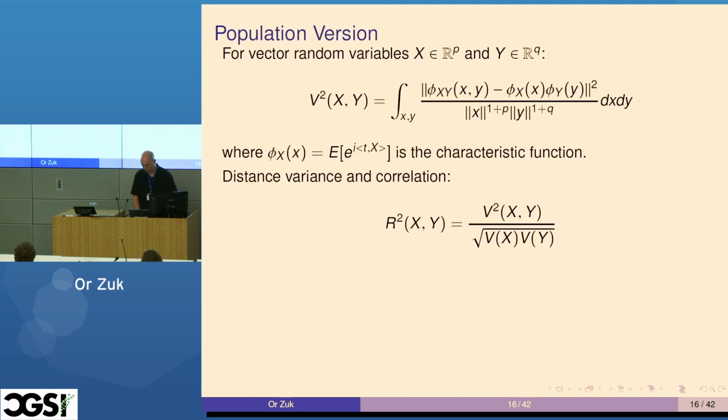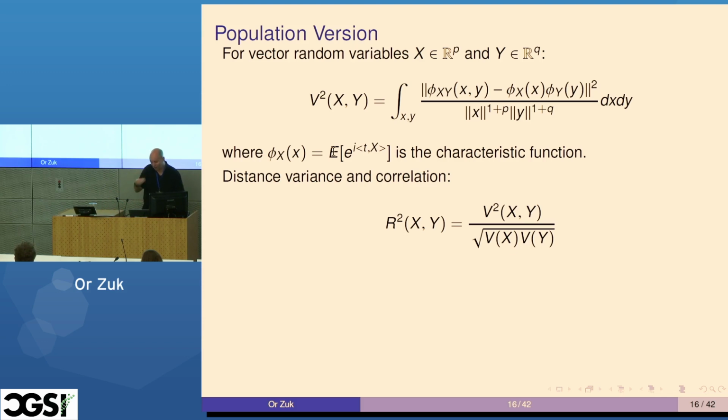And like the Hoeffding statistic, DCOR also has a population version. It's a little bit more complicated. It uses the characteristic function of the random variable. I don't know how many remember this from probability courses; it's a very fundamental function for a random variable.